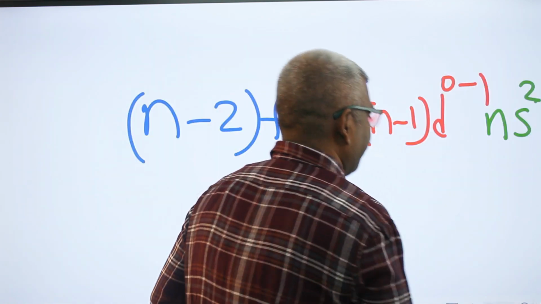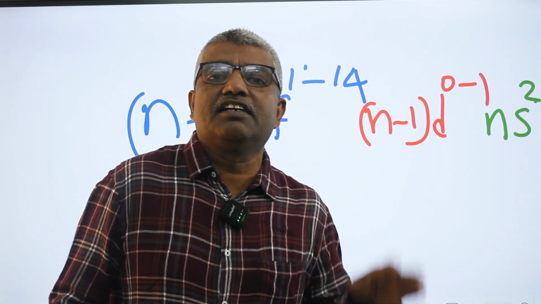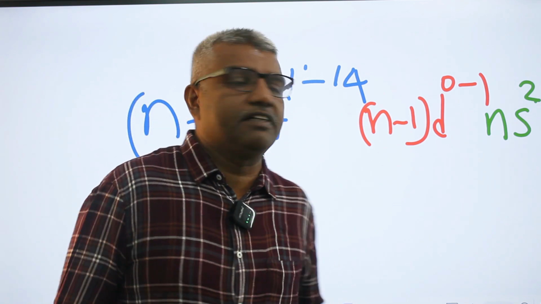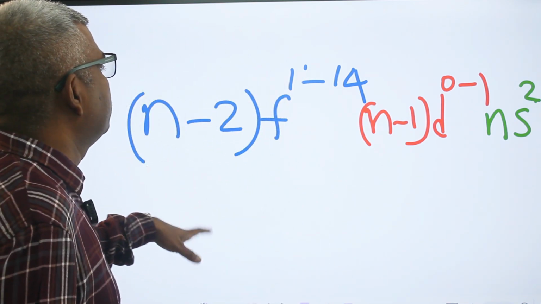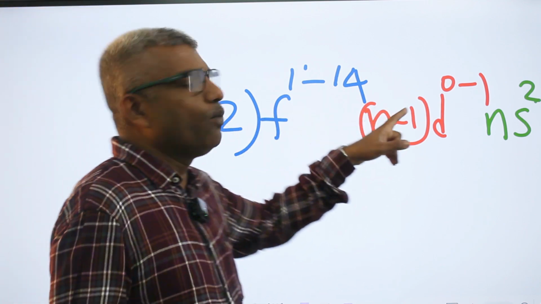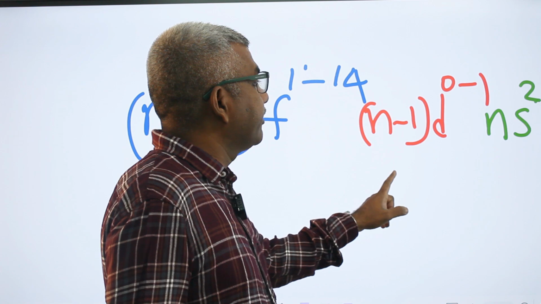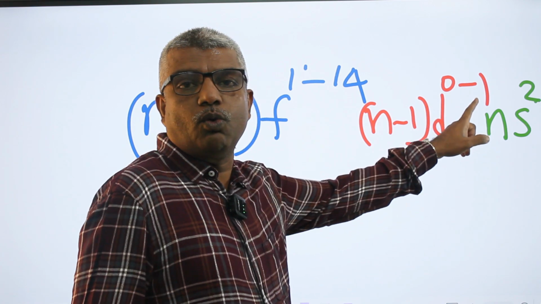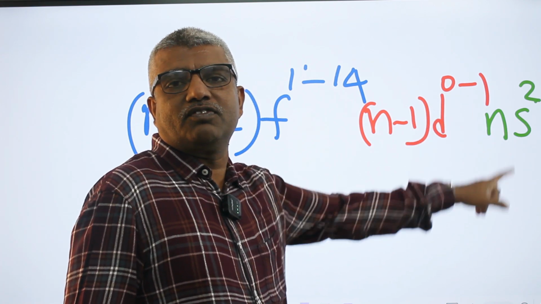General electronic configuration for f-block elements: (n-2)f1 to 14, (n-1)d0 to 1, ns2.